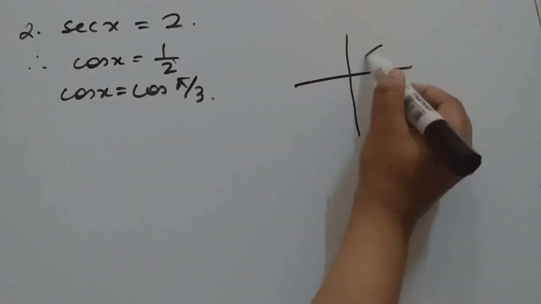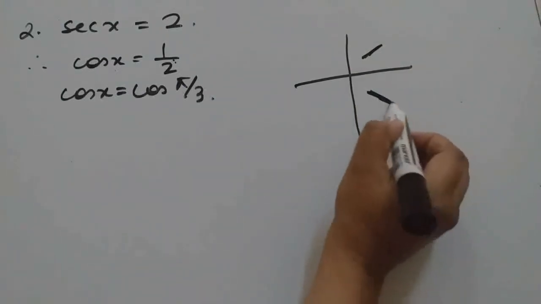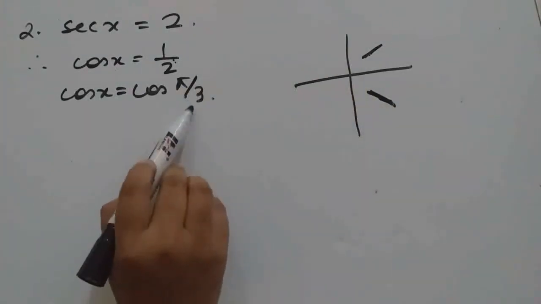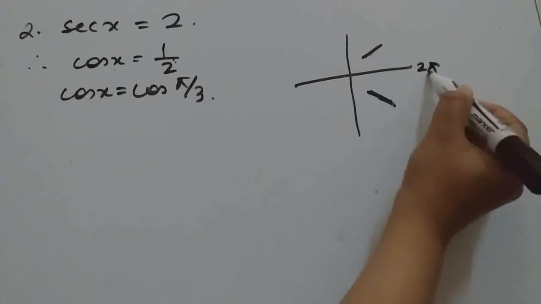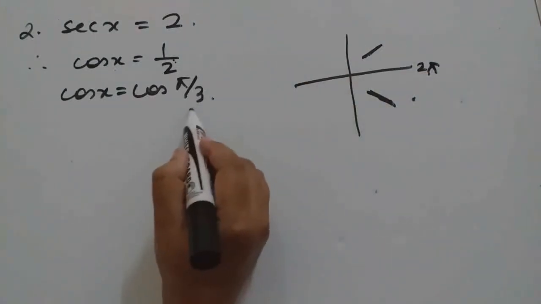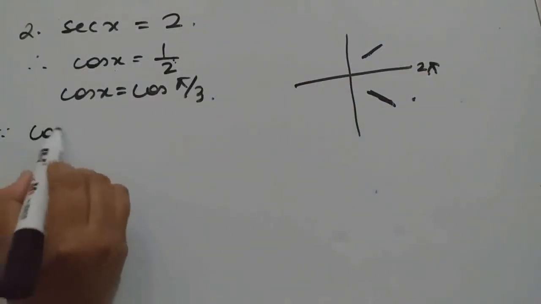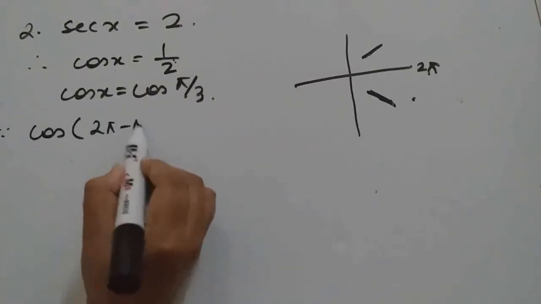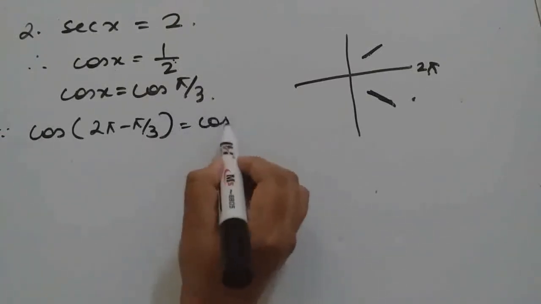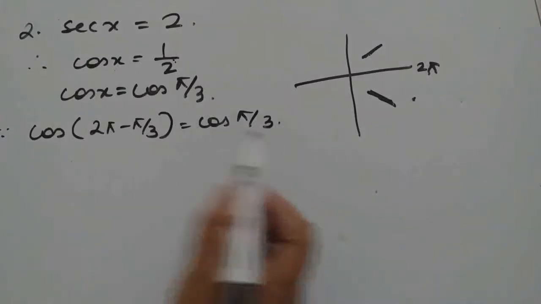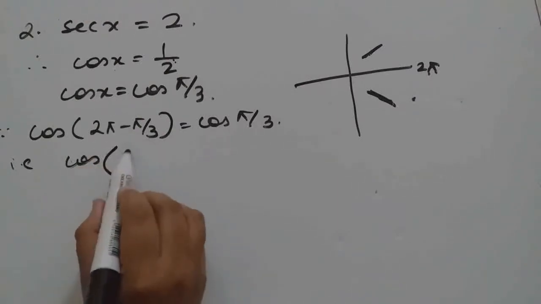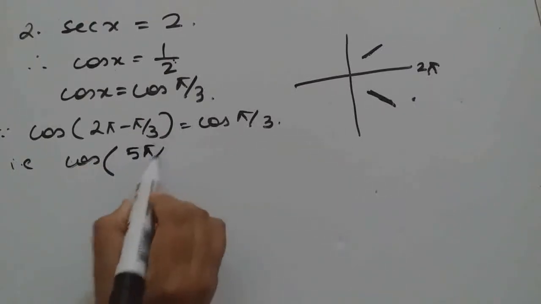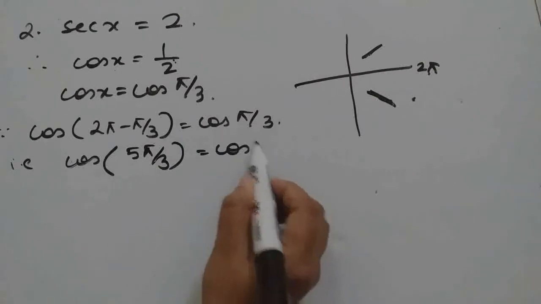We know cos is positive in the first quadrant and the fourth quadrant. The first quadrant value we got already, which is pi by 3. Now we have to check for the fourth quadrant. For the fourth quadrant, how can we write it? 2 pi minus theta, so 2 pi minus pi by 3. Since cos of 2 pi minus pi by 3 is also cos pi by 3, that is, 6 pi minus pi, which means 5 pi by 3, is also cos pi by 3.